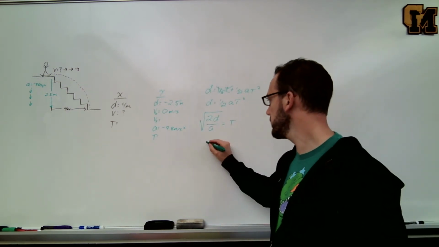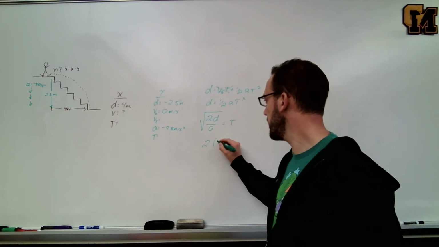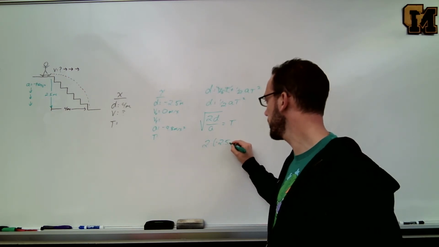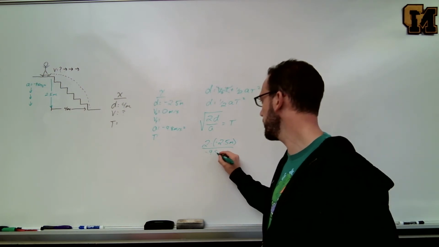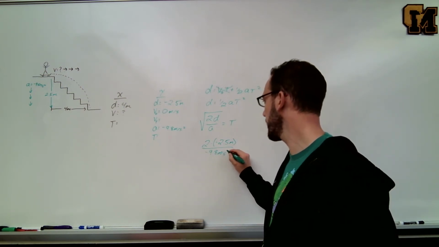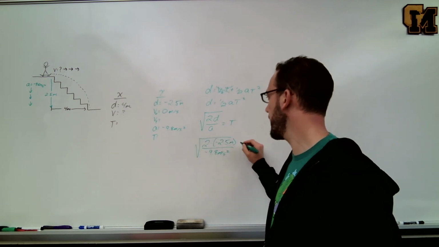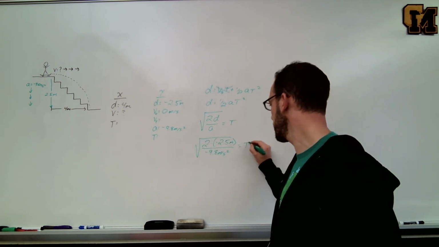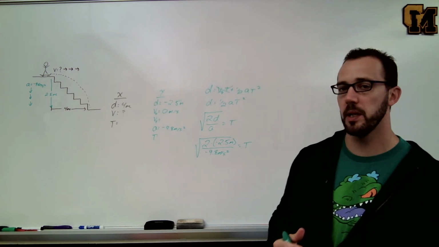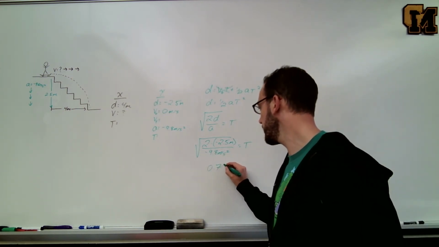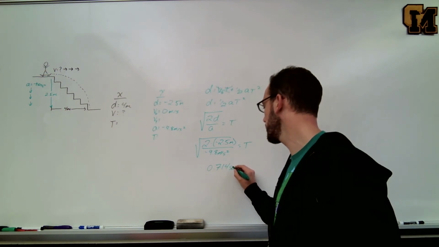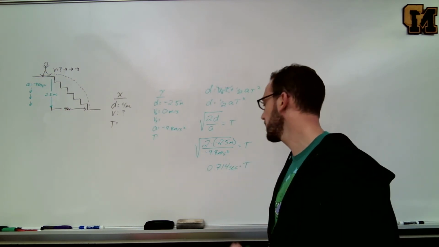Plugging in my numbers, 2 times d, which is negative 2.5, all over the acceleration, negative 9.8 meters per second squared. And all that is under the square root symbol to give me time. I plug that into my calculator, and what I get is 0.714 seconds for time.